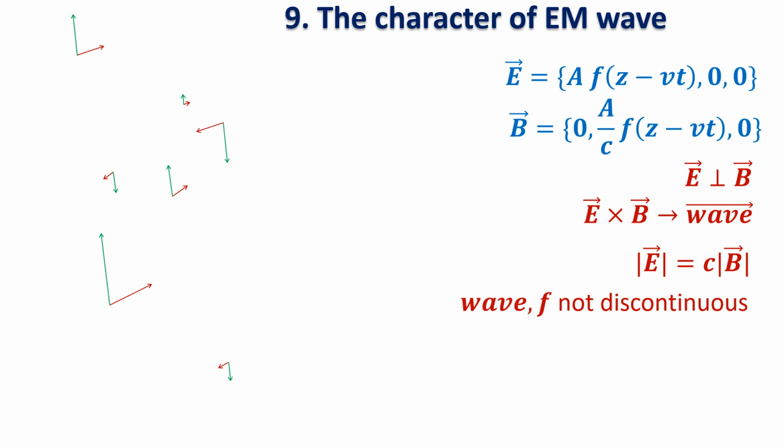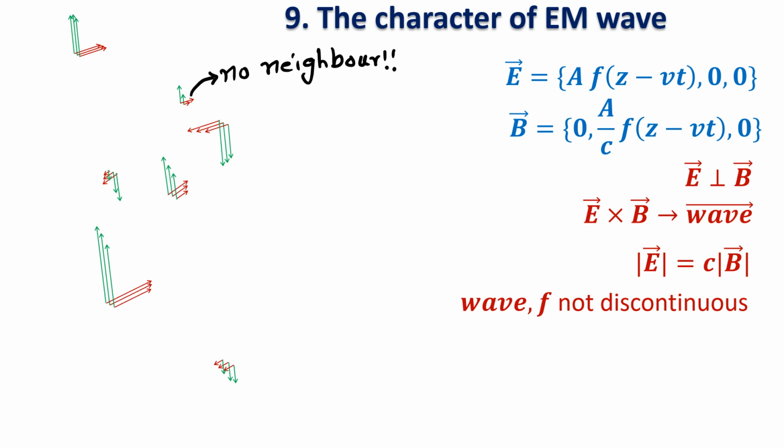Very similarly, of course, a short person will in general have a short neighbor. Let us draw that, and I hope this diagram conveys the idea of the function not changing suddenly. We can see that in one case the electric field is very small and it has no neighbor, or the electric field is zero. That is quite possible too, and it does not violate the rule that the function is continuous.